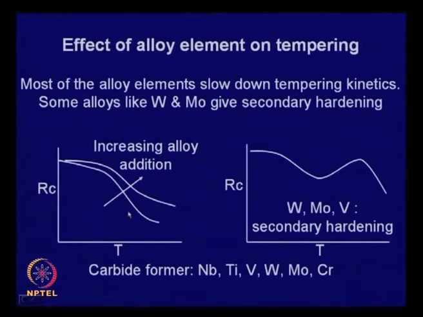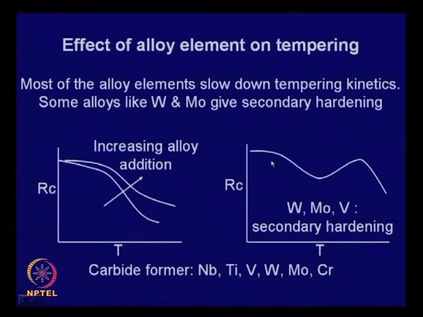That is why the hardness keeps dropping. If you increase the alloy content, the rate at which these processes take place slows down. They control diffusivity, because all this transformation is diffusion controlled. Therefore, they become slow.